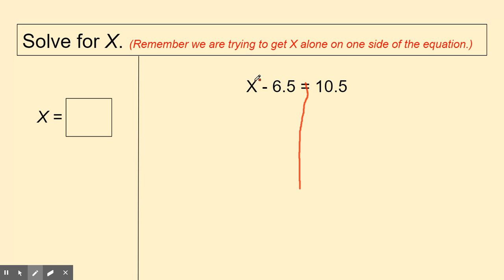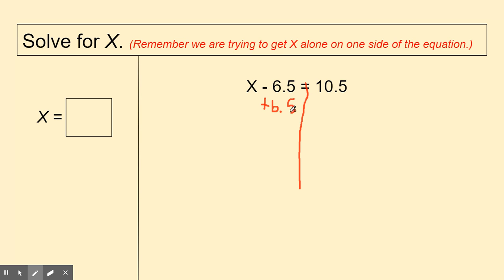Our equation is x minus 6.5 equals 10.5. So the first thing I'm going to ask myself is, what is the opposite of x minus 6.5? We want to get x alone. So the opposite of minus 6.5 would be to add 6.5.